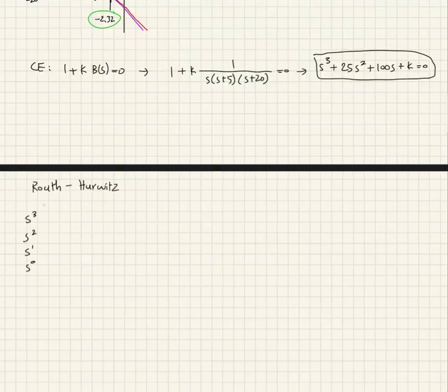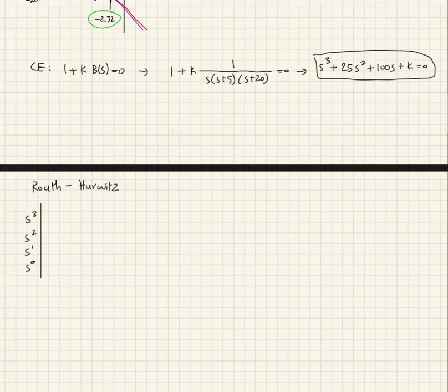So we write it this way. Assuming that you're here to watch how to draw the root locus, you're already familiar with the Routh-Hurwitz method of checking for system stability and for root locus. But I think it's safe to say that let's just let this be a refresher, okay?